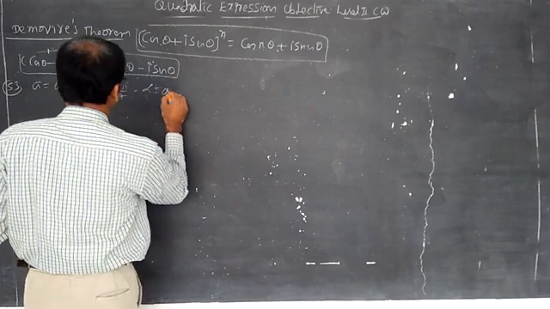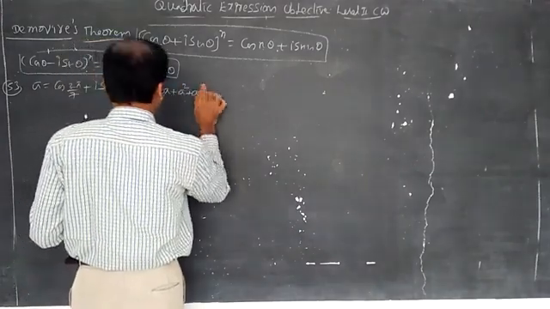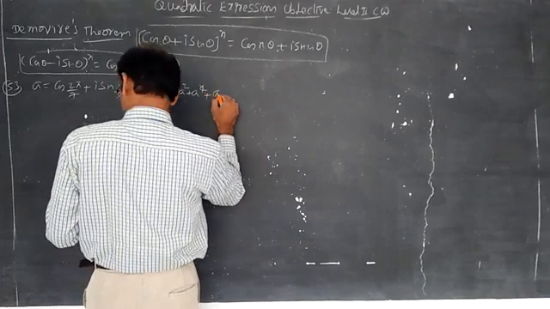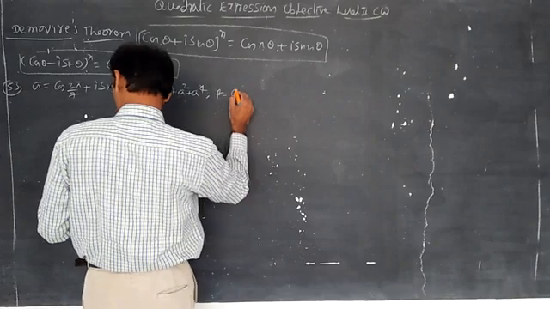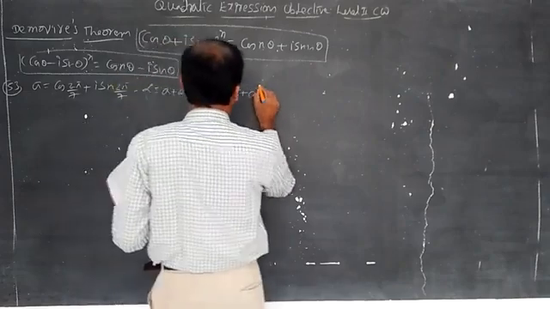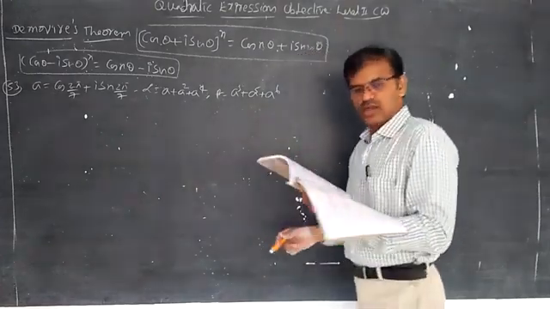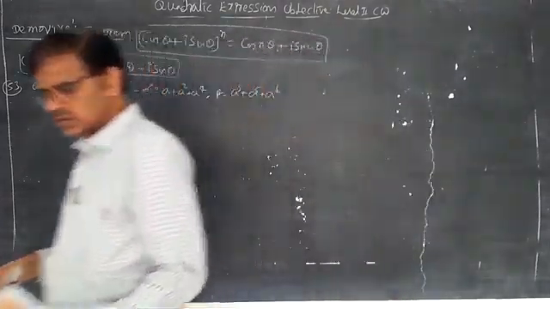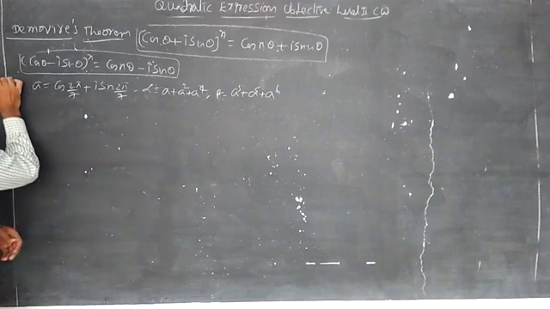Alpha is equal to a plus a square plus a power 4. Beta is equal to a cube plus a power 5 plus a power 6. Then alpha, beta are the roots of the equation. This is a most important question in MSET.